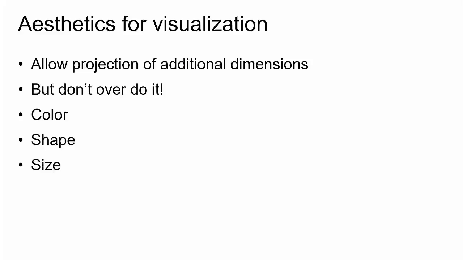Size is a tricky one. You can make the points or the shapes larger and smaller based on the value of some other variable. And if it's very definite that you have certain big ones and certain small ones, size can be quite useful. But size is very deceptive.